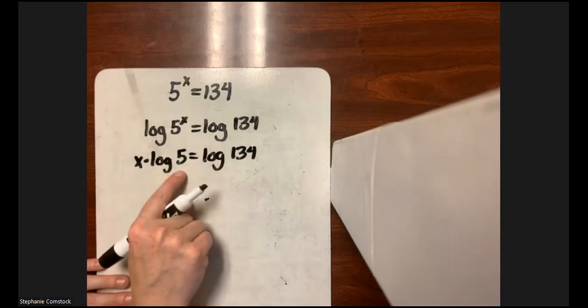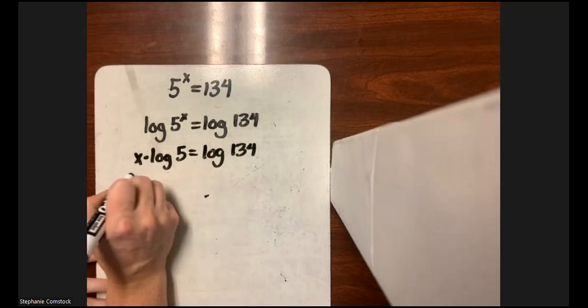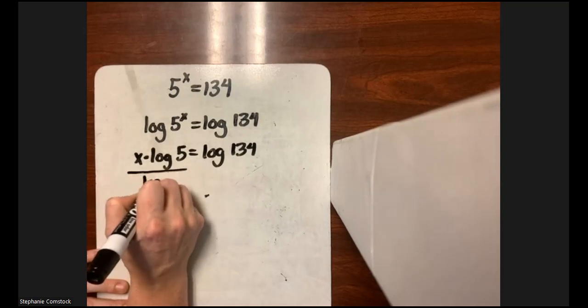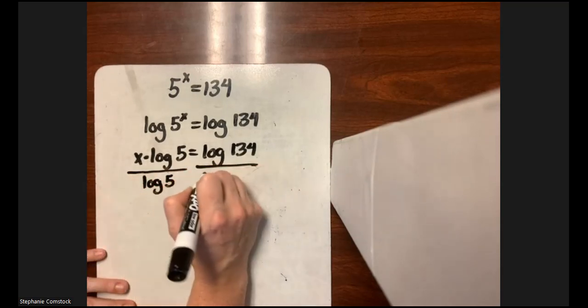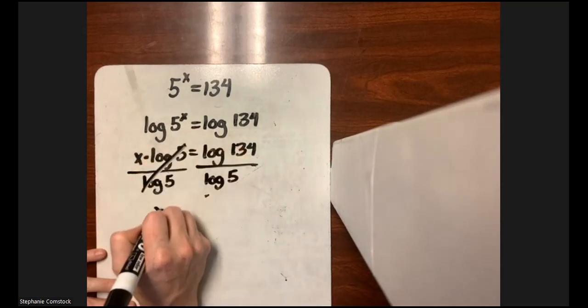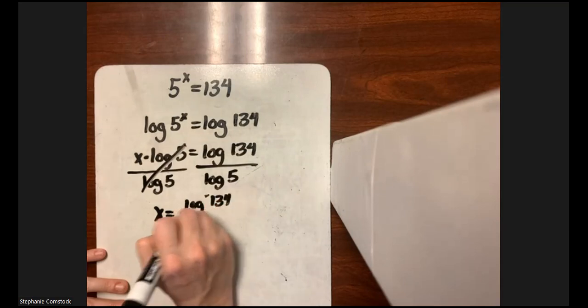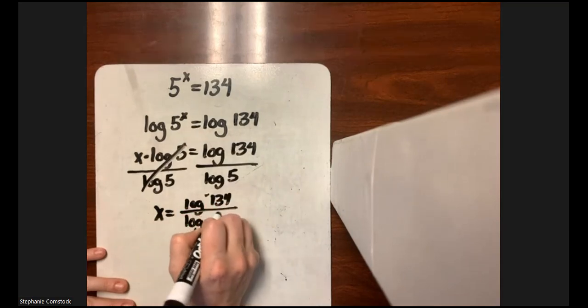Now then, log 5, we can put that on our calculator. It is just a number value, which means we are allowed to divide it off. Okay, so those two cancel. So now I have log 134 divided by log 5.